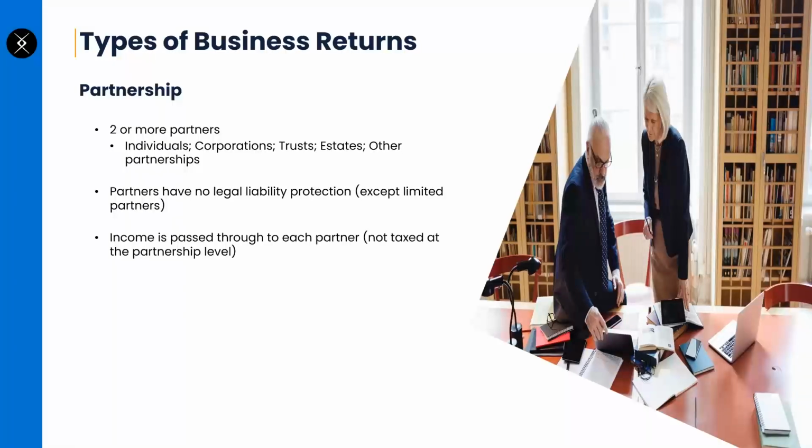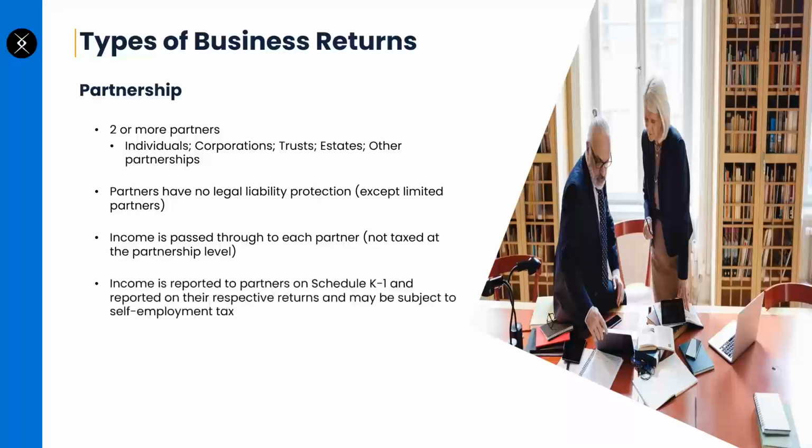Income is passed through to each partner, not taxed at the partnership level, which means income is reported to partners on a Schedule K-1 and reported on their respective returns and may be subject to self-employment tax. 1065, unless qualified as a joint venture, is most common.